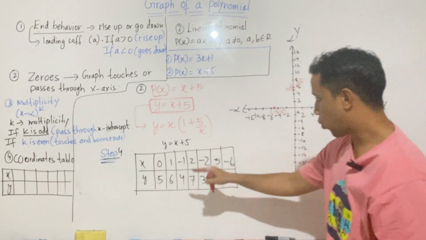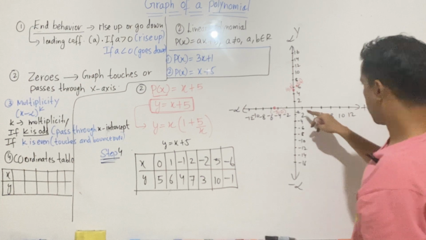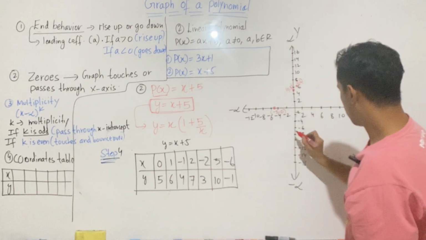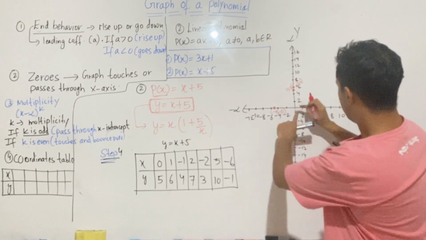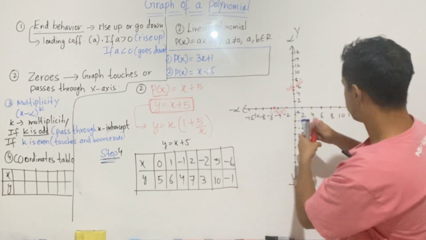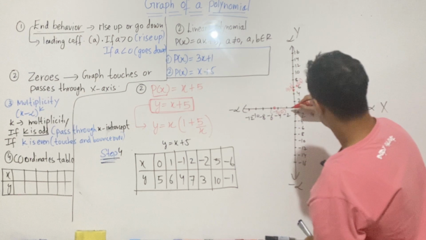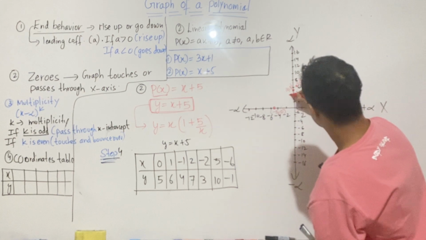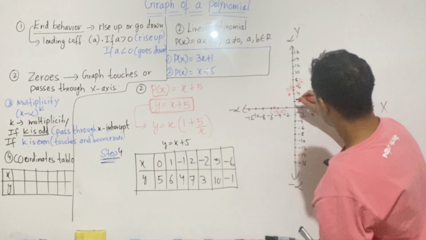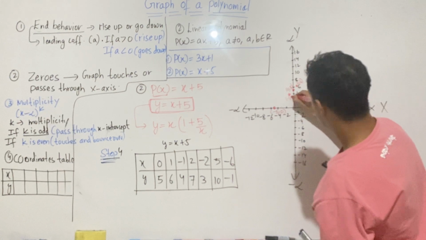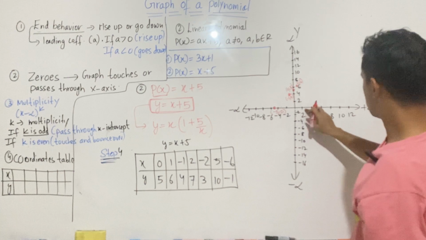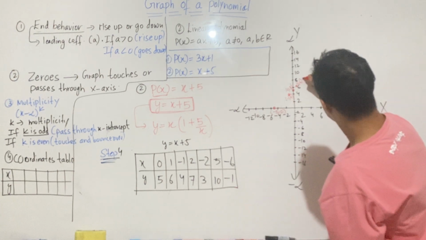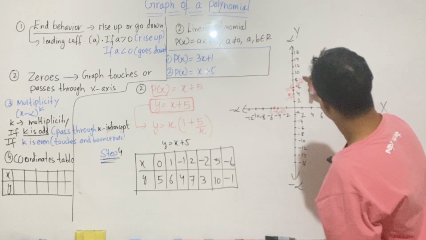Then minus 1, 4: x minus 1, y 4. This point, minus 1, 4. Then x 2, y 7. This point.